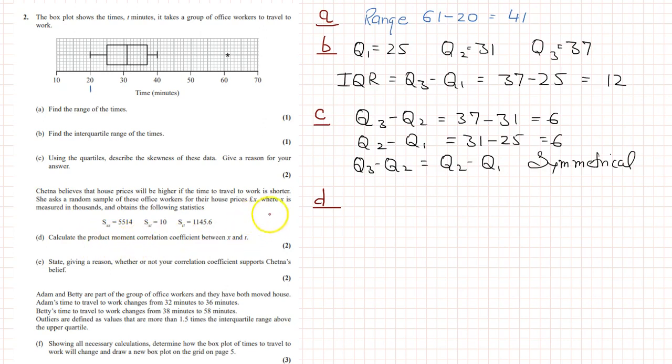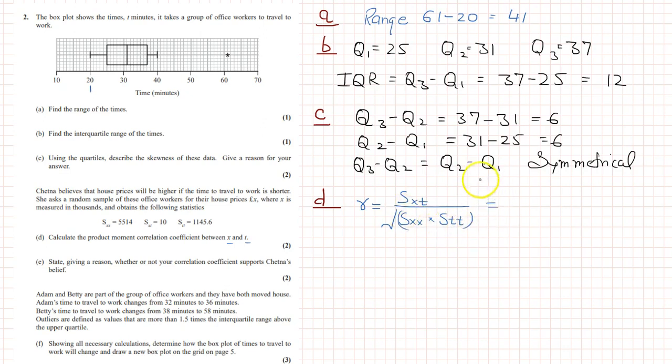Calculate the product moment correlation between X and T. So R, the product moment correlation coefficient, PMCC, between X and T, is S XT over root SXX multiplied by STT.